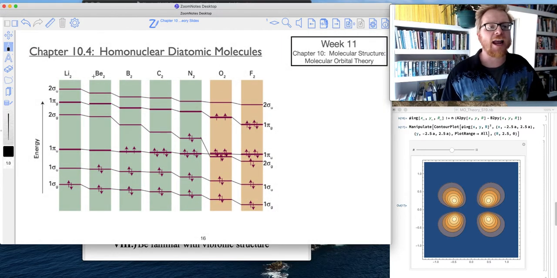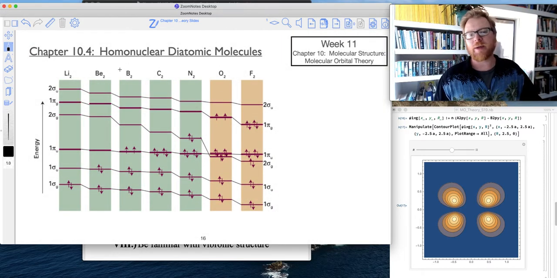So now if we look at Li2, Be2, B2, etc., you can see for the most part, as we get to more electronegative elements, those bonds lower in energy.